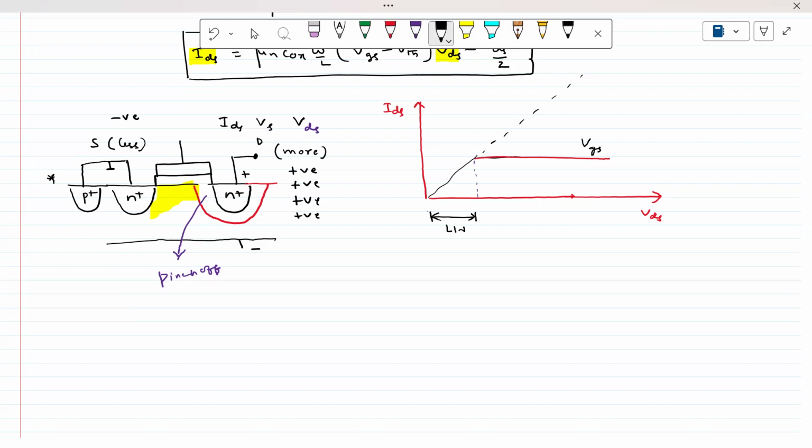Now, if the IDS value is not following the VDS, or IDS is independent of the variations of VDS, then this is called the saturation region.